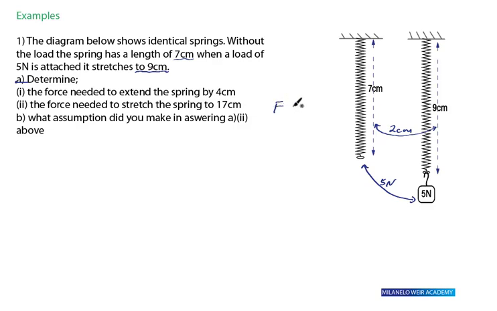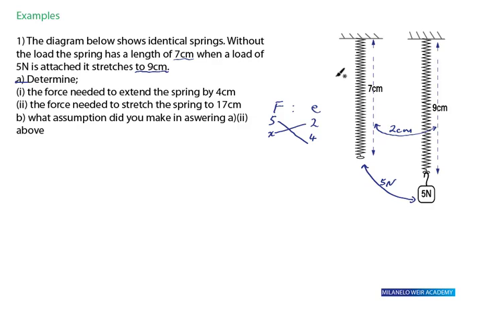We know that force is directly proportional to extension, right? So a force of 5 Newton will always extend the spring by 2 centimeters. So what's the question? The force needed to extend the spring by 4. So we need the force. We have the extension, which is 4, so we have x here. So what do we do? We cross multiply.